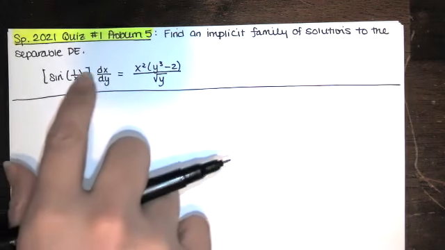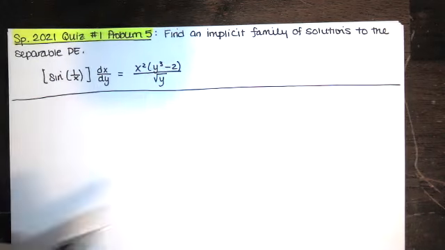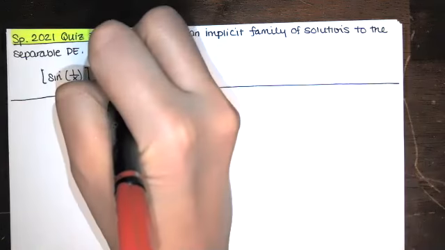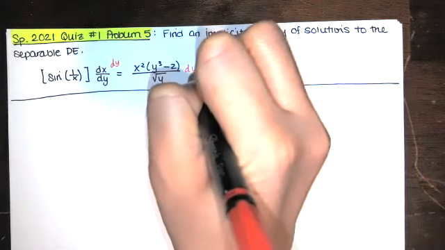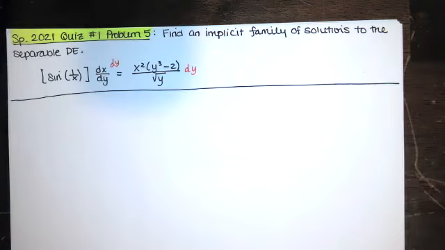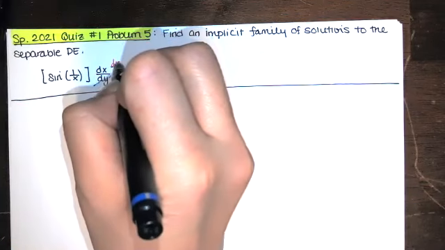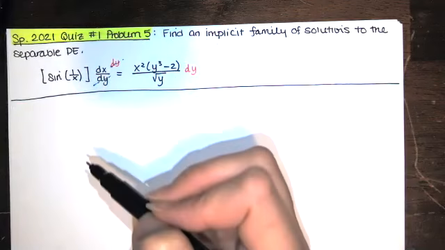So it looks like we almost have all the x's on this side and all the y's on this side, but we're not quite there. In order to make that happen, I will multiply both sides by dy. And dx/dy times dy is the definition of dx, so those sort of cancel.